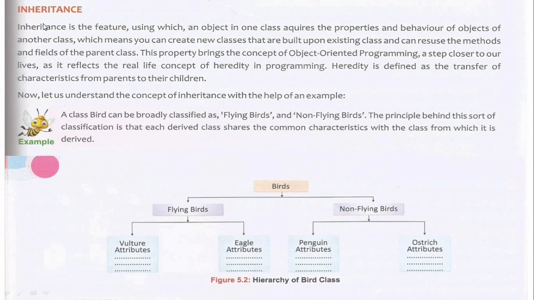There is a concept of class reusability, which you will study again in the higher classes. How to use a class again and again, and that is achieved with the help of inheritance, so that you can save your time. You don't have to create the same type of classes again and again. So this is achieved with the help of inheritance. I hope you have understood inheritance.